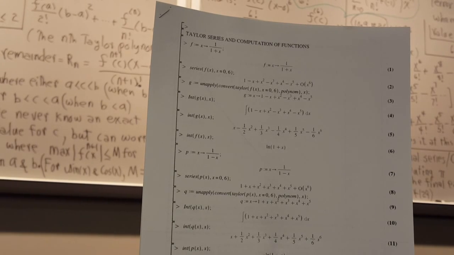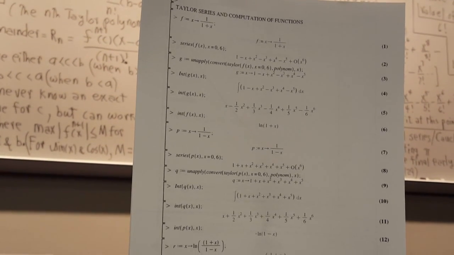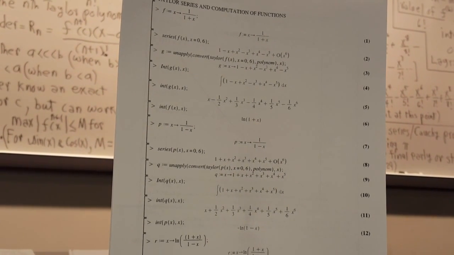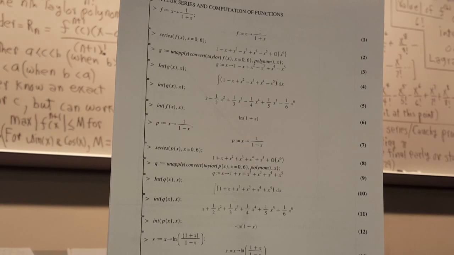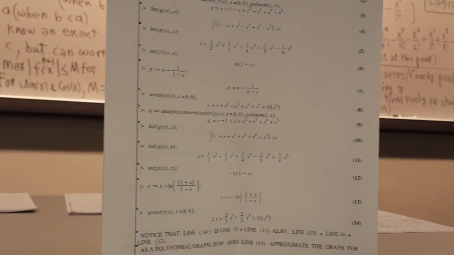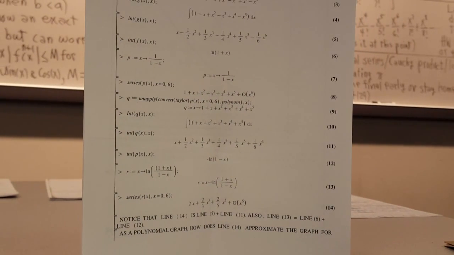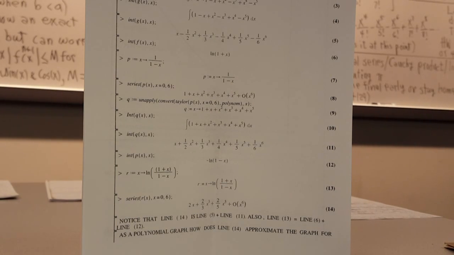And then I did the same thing over again with the series for 1 over 1 minus x and integrated. And so line 11 is the first 6 terms of the log of 1 minus x. And then I am adding, so log of 1 plus x plus minus log of 1 minus x.